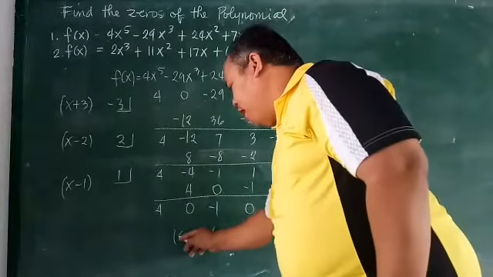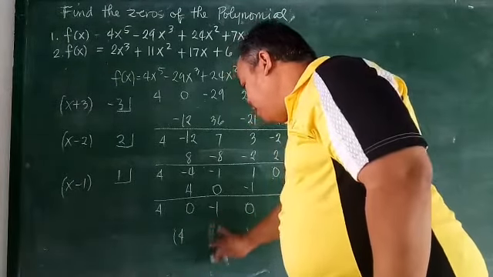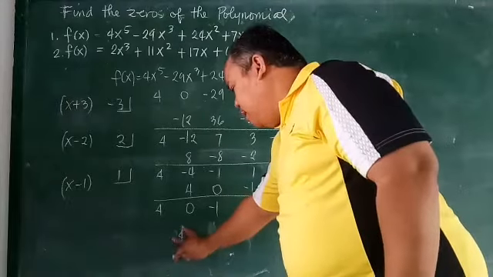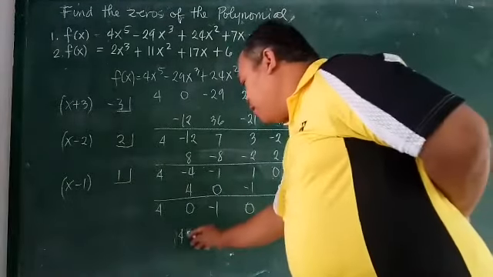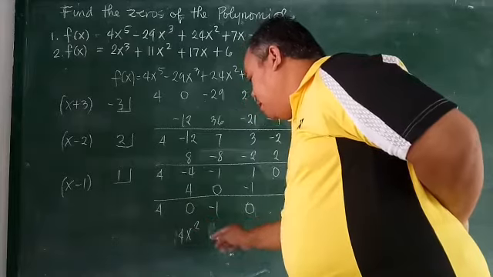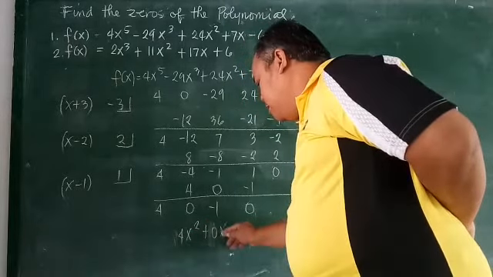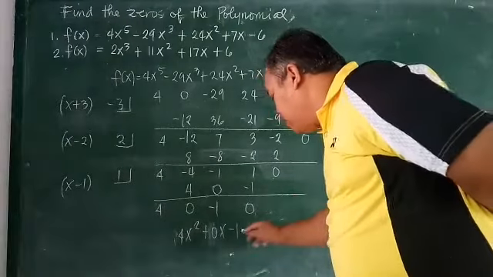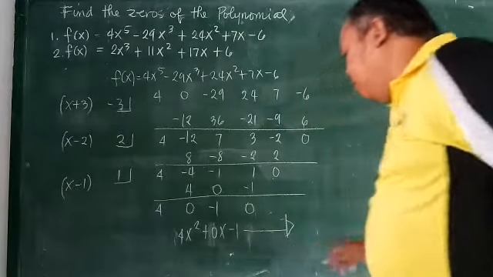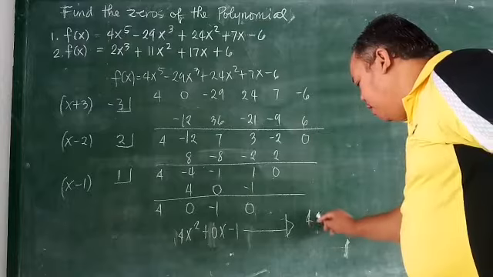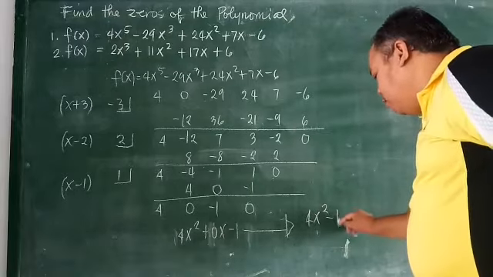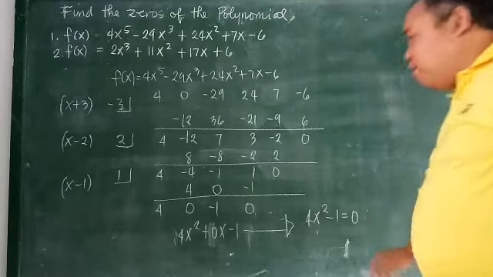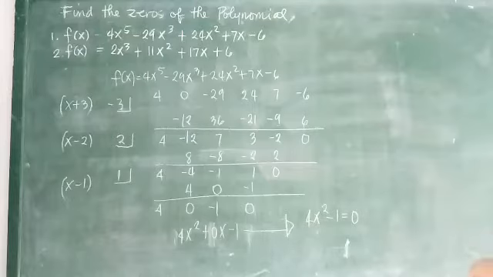If I'm going to write down the remaining equation, it should be 4x squared plus 0x minus 1, diba? Hindi naman wala namang 0x dyan, so it can be written as 4x squared minus 1 equals 0 because I'm finding the roots, diba?